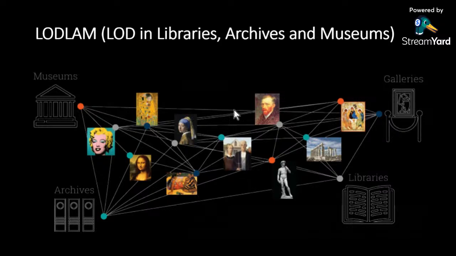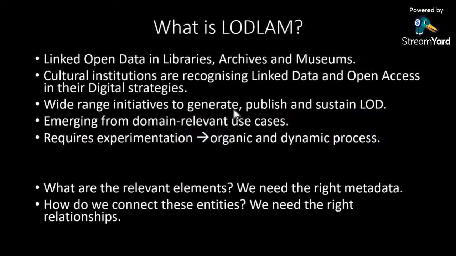And this is a thing that has been developing for a while now, and it has had quite a lot of importance in the sector. There are quite a lot of projects that are trying to apply linked open data. So as I'm saying, LOTLAM is linked open data in libraries, archives, and museums, and it's cultural institutions that are recognizing linked data and open access in their digital strategies.